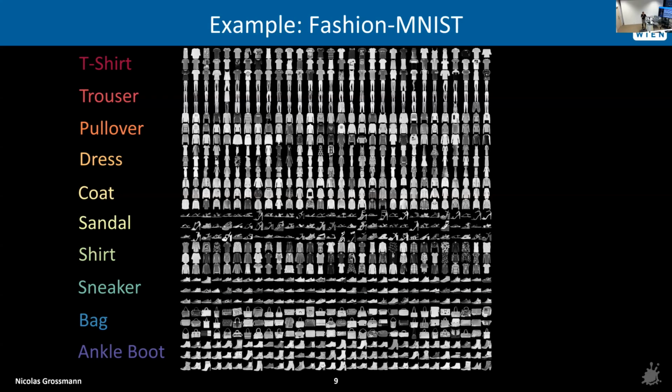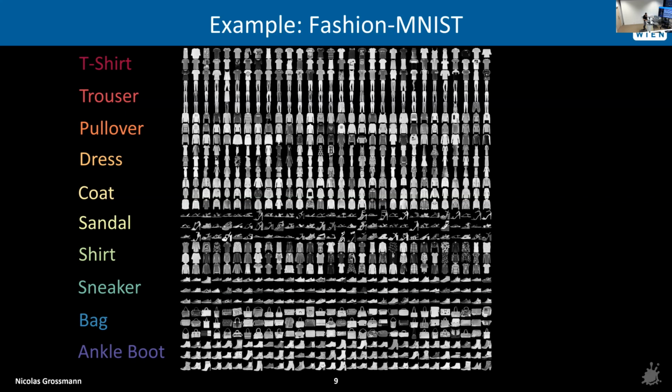So this is a recurring example that will come again and again. That's Fashion MNIST. So that's pretty much the same idea as the previous data set, but it has 10 classes, different kind of fashion items, and just the images are slightly more complex.